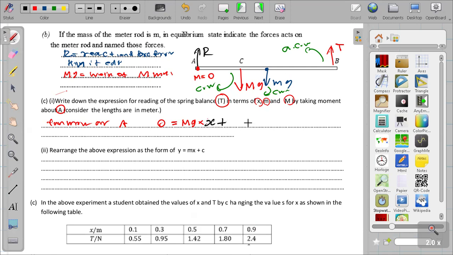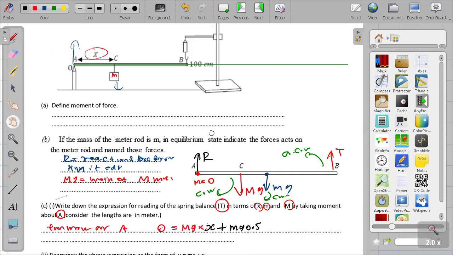Plus another one, mg times 0.5. You might be wondering where that 0.5 came from.